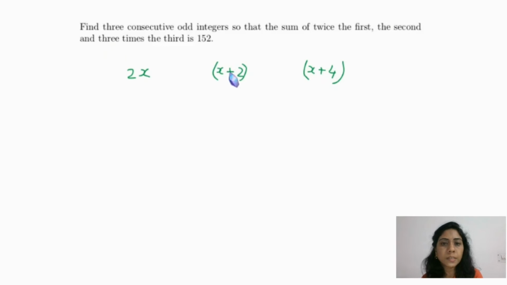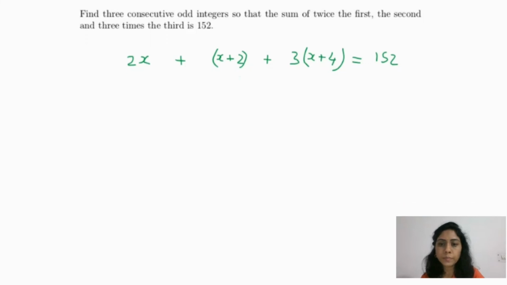The second, write as it is. And third, this one. Here says 3 times the third. You can multiply 3 and add them. Equal 152. And you got this linear equation, and you can solve very easily. Open parentheses, then combine like terms, and then you can solve. This is also very easy question.